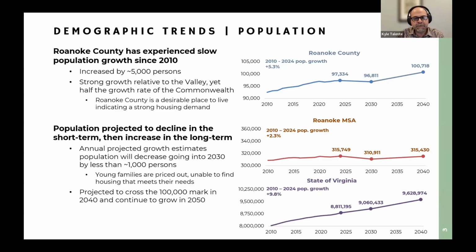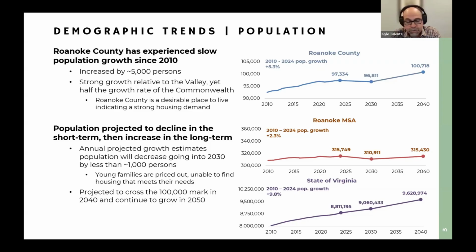From a housing needs perspective, what this is telling us is, one, that there's not a lot of family households or larger households relative to the net number of households that are in the county, and we'll talk about that in a bit too. But two, there's demand for smaller units. When you see a lot of 1 and 2 person households, 4 and 5 bedroom homes aren't necessarily in demand.